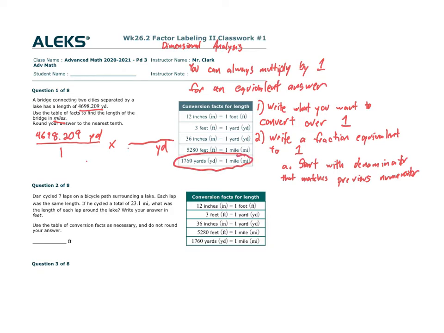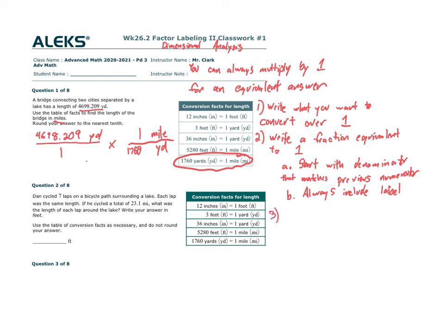I can do that: 1760 yards equals 1 mile. We always want to include the label. It's factor labeling, so we need labels.